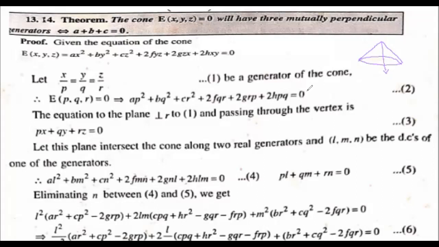Therefore, the DRs of the generator should satisfy the equation of the cone. Therefore, we get ap square plus bq square plus cr square plus 2f qr plus 2g rp plus 2h pq equal to 0.